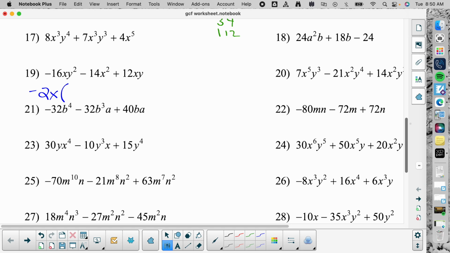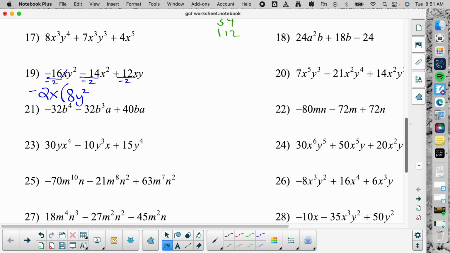This is how you do it without the trees. And if you like using the tree method, keep doing it. I would divide. So I am dividing by -2. That's how I would know what number would be left. So -16 divided by -2 would be +8. I took away 1x, that would be gone.